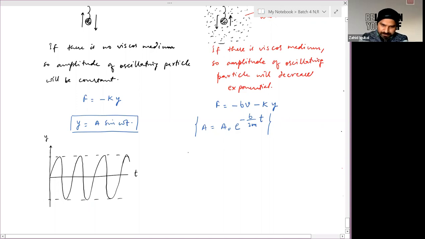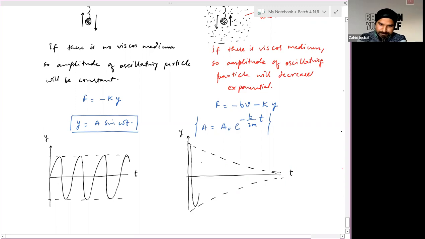But in the second part, since the amplitude is decreasing exponentially, the graph will be like this. And finally, it will come to rest after some time. Krishna, any doubt?